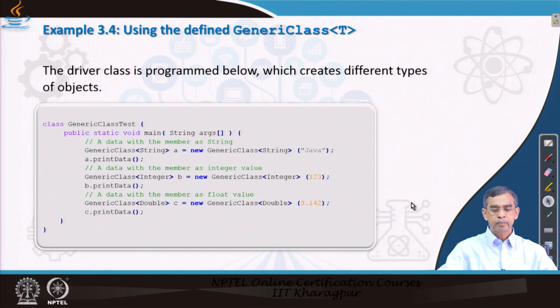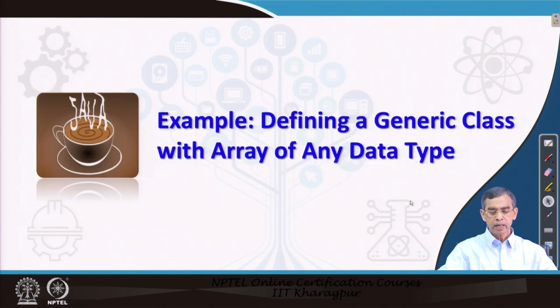Now, this example gives you a simple idea about how a simple generic class can be declared. Let us extend this idea a little bit, in a deeper sense: how we can define a generic class with an array, that array can store any data type.